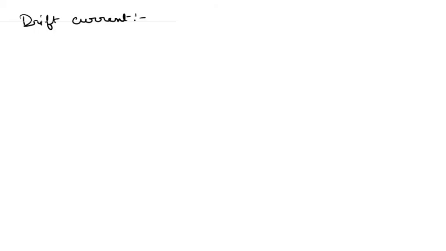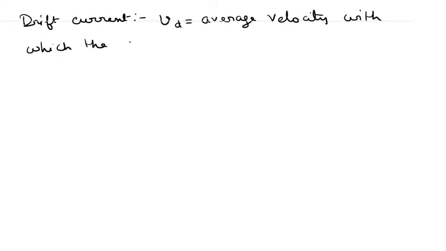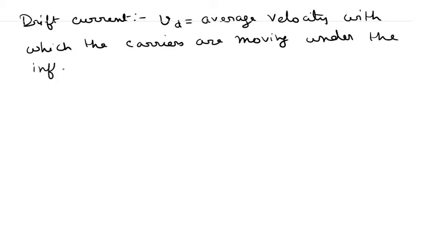So let us assume that Vd is the average velocity with which the carriers are moving, of course, under the influence of the electric field.